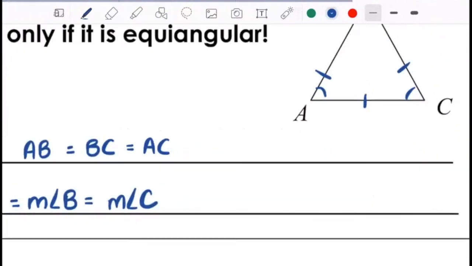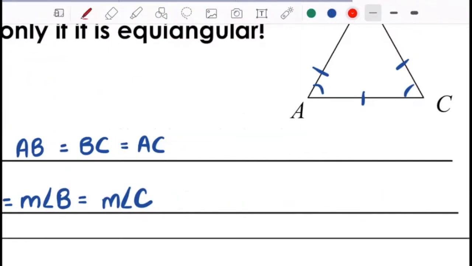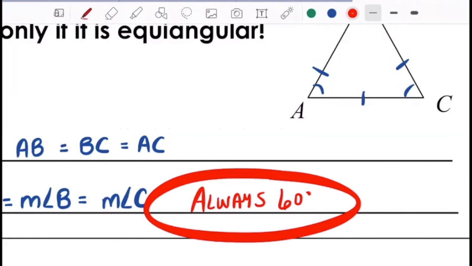And these angles right here, guys, will always be 60 degrees. In an equilateral triangle, the angles will always be 60 degrees.